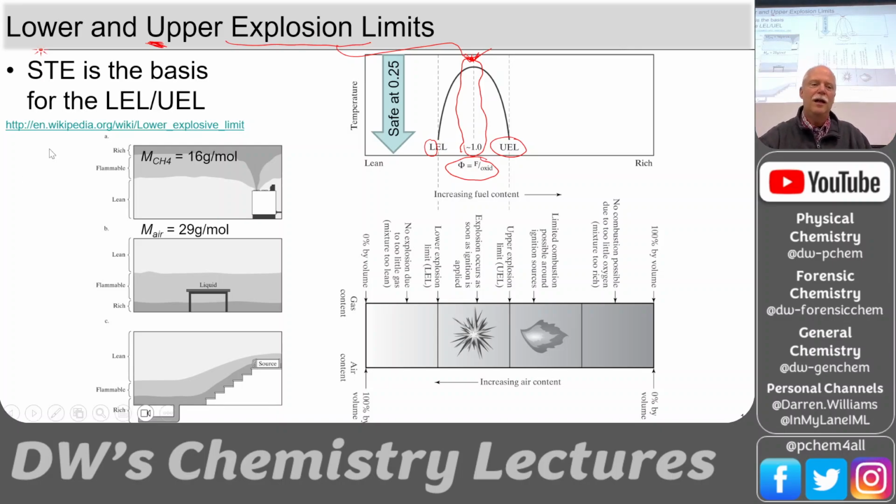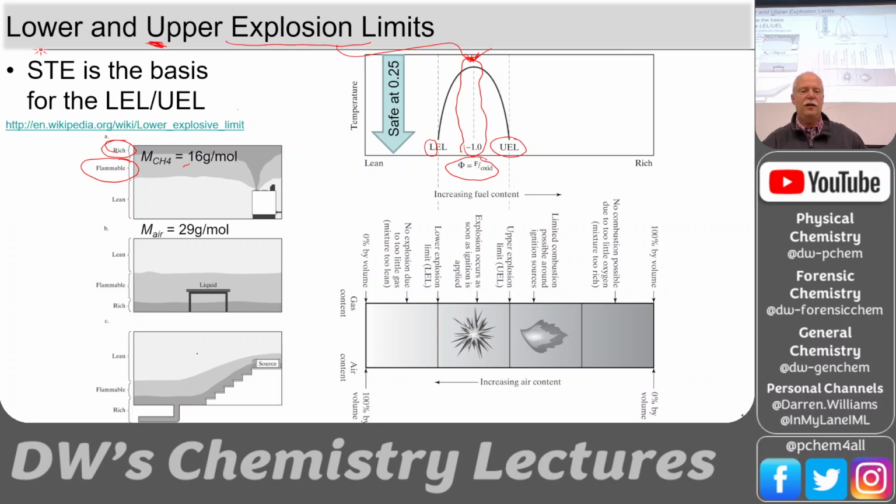But since methane is lighter than air, it's going to collect up here around the ceiling, and so it's going to be in a smaller volume up there if the ceiling fans are off, and you're going to have a rich mixture up above. Then you're going to have the perfect explosive mixture, and then down here it's going to be too lean. So there may be a part right here where it's really flammable, right there in the middle.